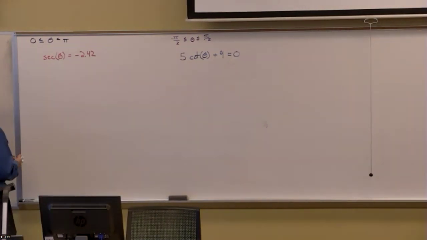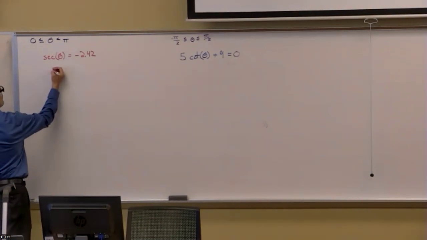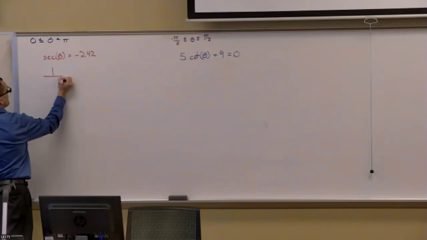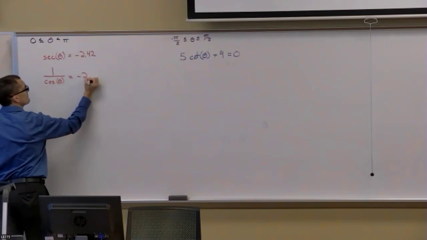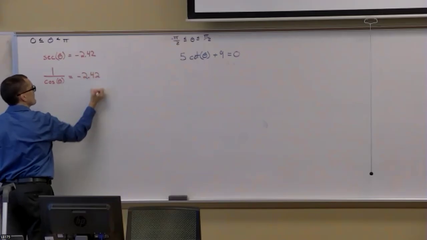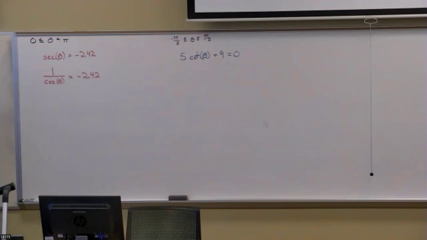So let's do secant. What I do is I think of this as 1 over cosine. So secant is 1 over cosine, so 1 over cosine is negative 2.42. And then however you want to think about algebraically manipulating, I think let's just take the reciprocal of both sides.